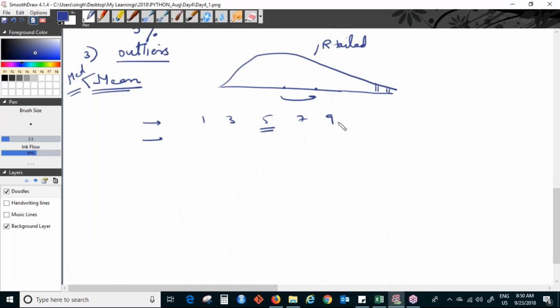It doesn't matter if this is 9 or 90 or 900 or 9000, the median would still be 5, because the median is the middle number. But the mean, of course, will not be the same. The mean will keep changing. Since you have 9000 here, the mean will come to be a very big number, above 1000. That is why I say that the mean is influenced by outliers, but the median is not.